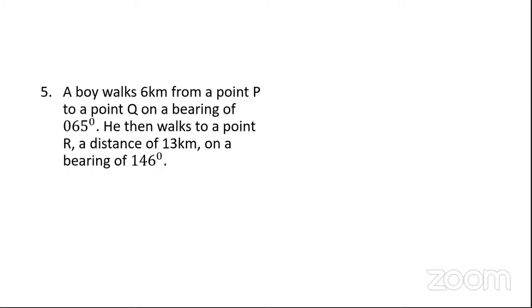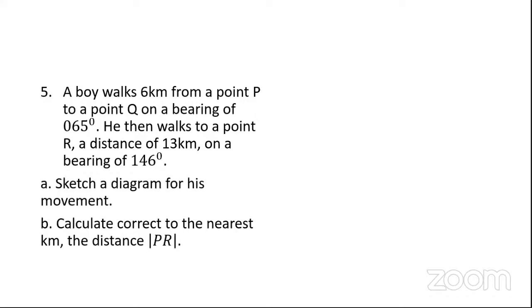He then walks to a point R, a distance of 13 kilometers on a bearing of 146 degrees. Sketch a diagram for his movement. Then the second question, calculate correct to the nearest kilometer, the distance PR.